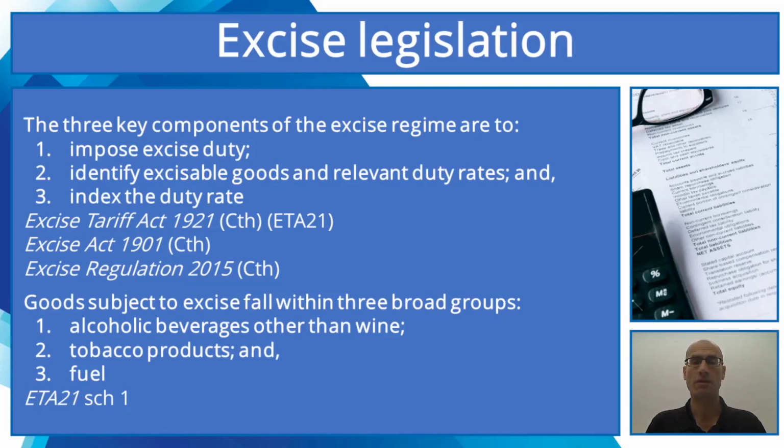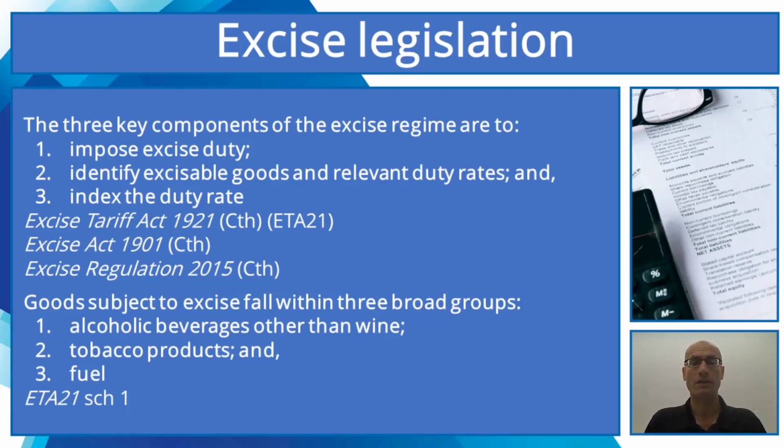And note that again the key areas are items that for policy reasons we don't want to be too cheap and we want to discourage people from using, which is alcohol and tobacco. And we wish to encourage some amount of efficiency in terms of fuel and fuel use.